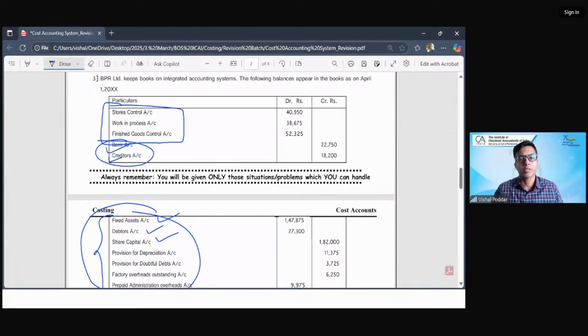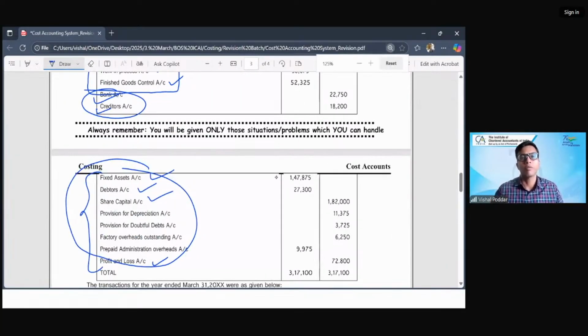So we practice a sum from the integrated category. Now this is slightly time consuming because you have to open more accounts here. So you have the SLC, WIP, FG, which are the typical account balances for any cost accounting sum. And besides this, you are given the balances for the other assets and liabilities. That is why this question is of integrated.